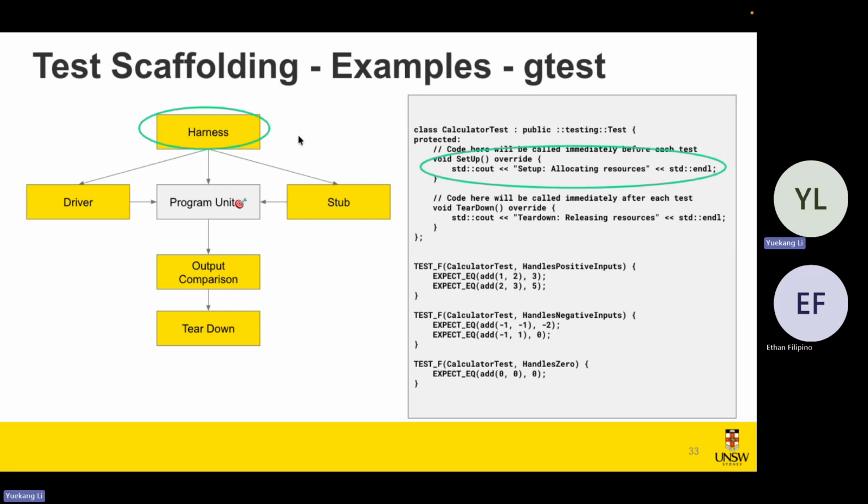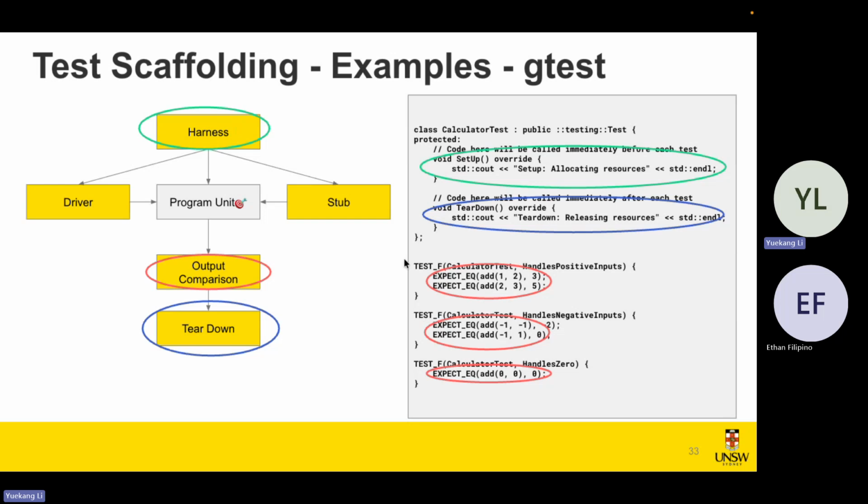So the setup is the harness. The tear down is just tear down, and each one of the expect equal is the output comparison.